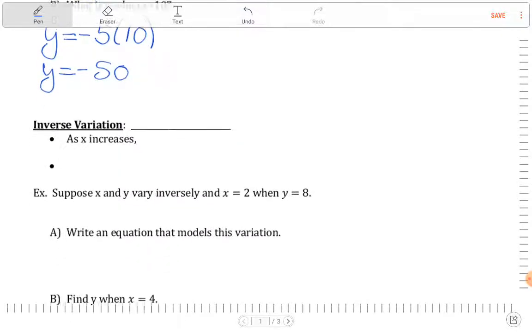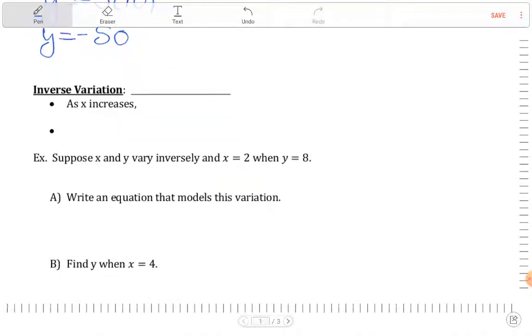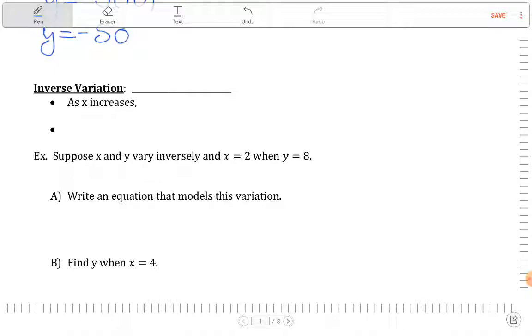The inverse variation is kind of the opposite of the direct variation. So instead of multiplying our k by x, we're going to divide by x. Sometimes you will see it in the form where I rearrange for k. K is equal to x times y. This is the same, it's just rearranged for either solving for k or solving for y.